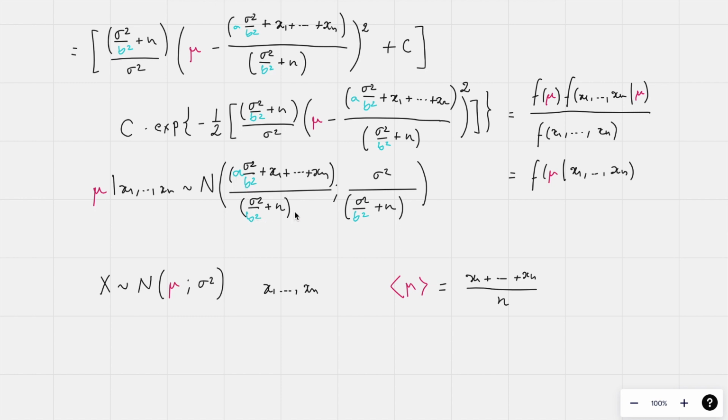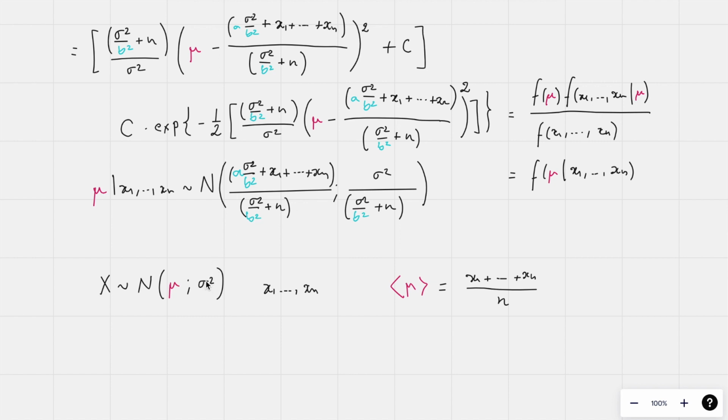We also see that this parameter mu has an uncertainty. So this represents the remaining uncertainty about the position of mu. This depends on sigma, which is the spread of the x themselves.